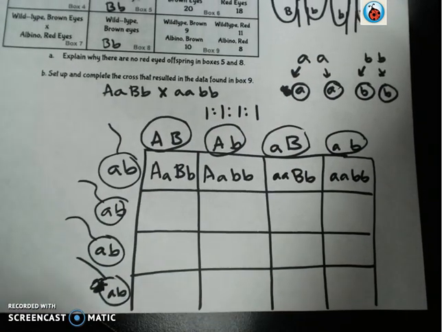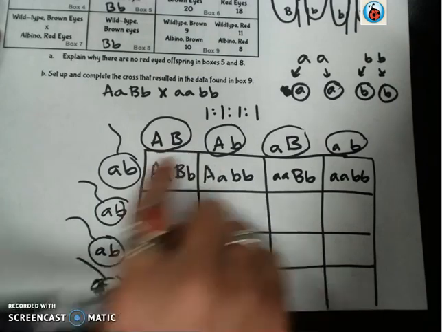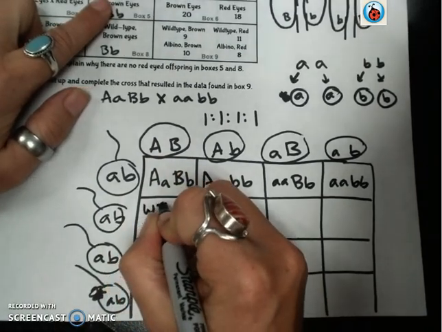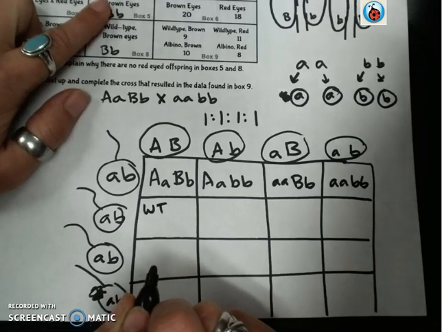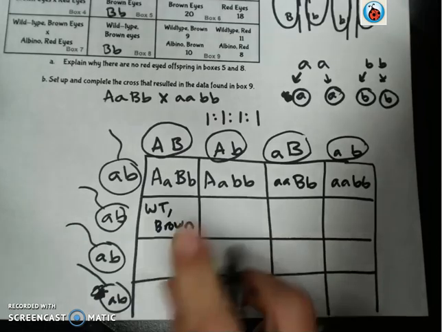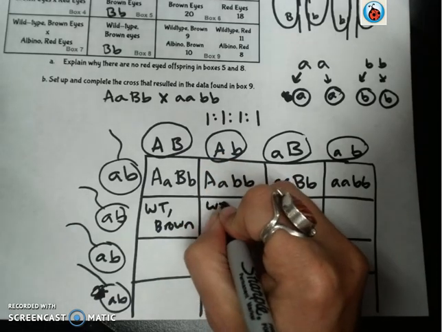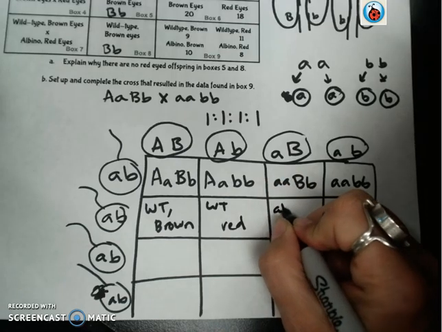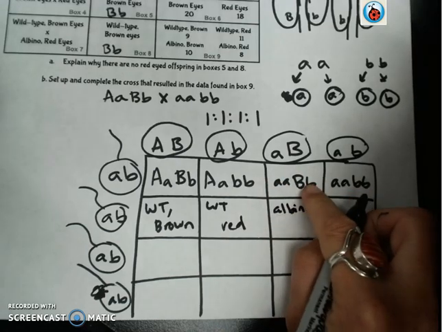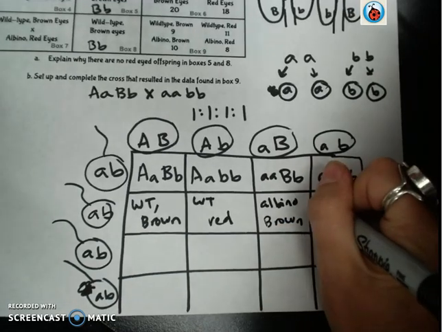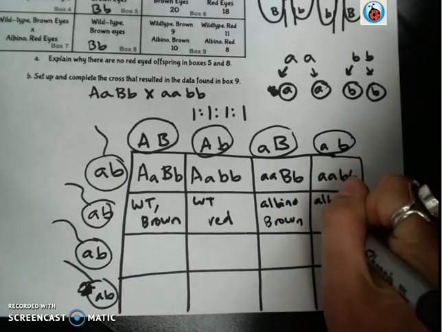So when we look at what this offspring looks like, this offspring would have the wild type fur color, and it would have brown eyes. And then this offspring would have the wild type fur color, but would inherit red eyes. This offspring would be albino, but it would have brown eyes. And then this offspring would be albino with red eyes.